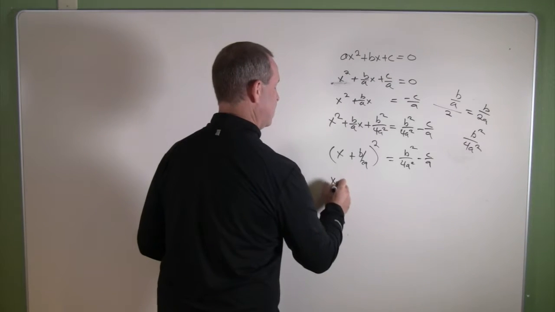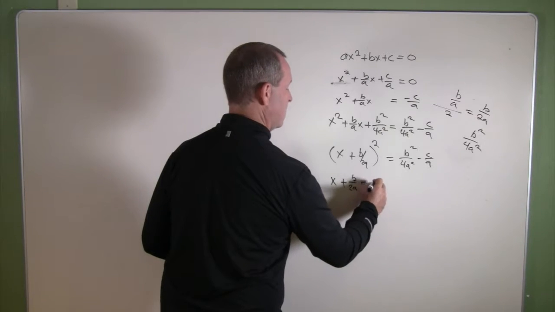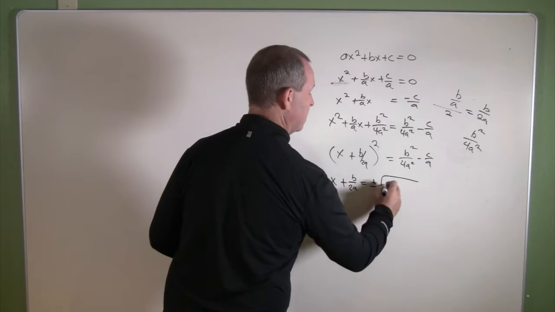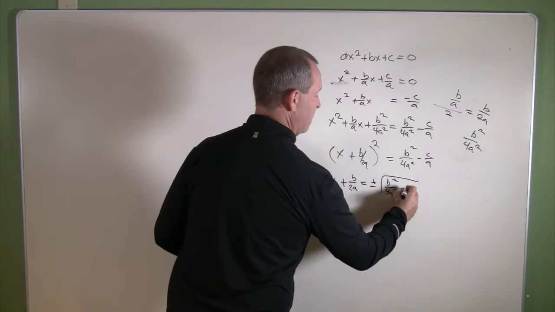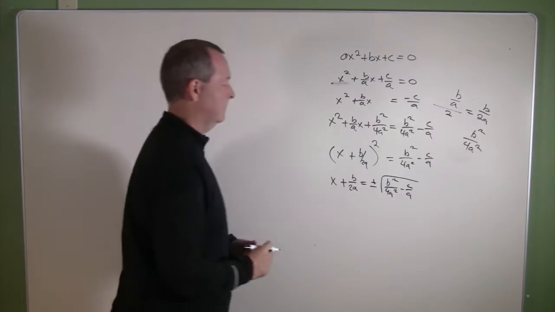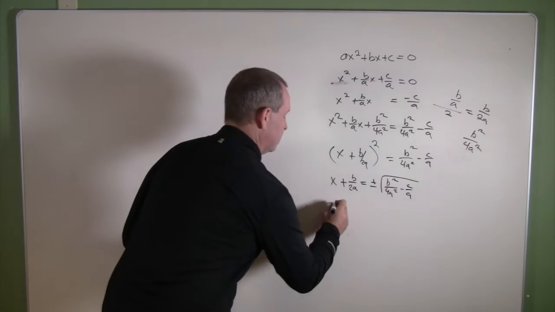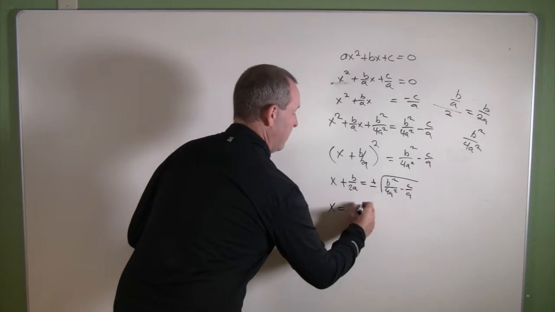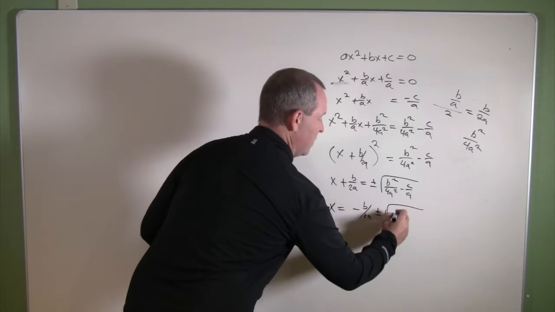So I have x plus b over 2a equals plus or minus the square root of b squared over 4a squared minus c over a. Solving for x equals minus b over 2a plus or minus the square root of all that stuff.